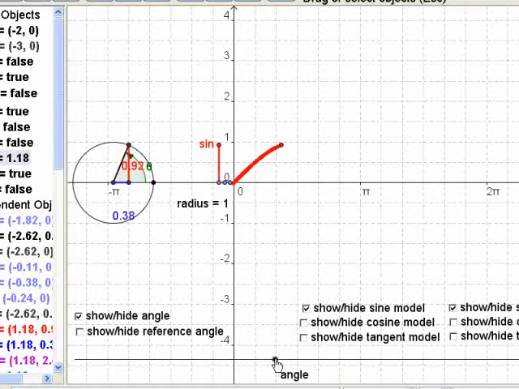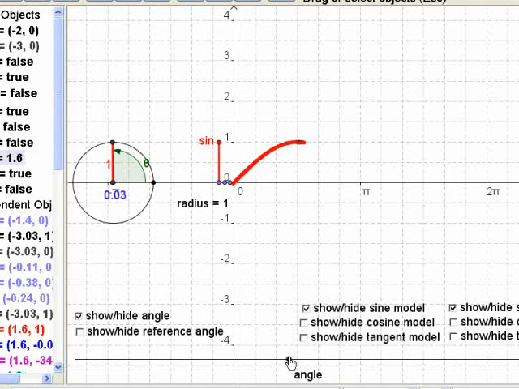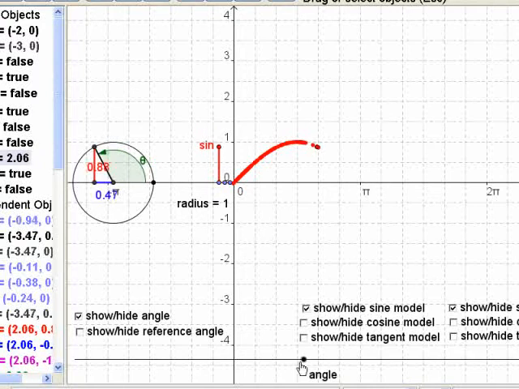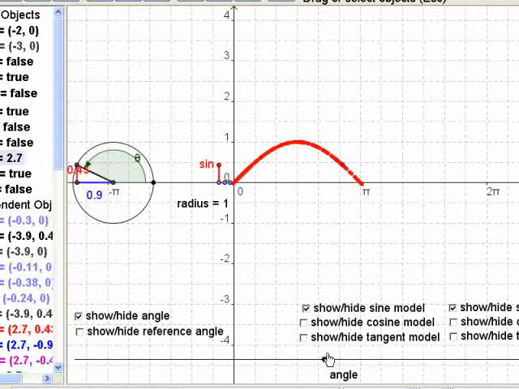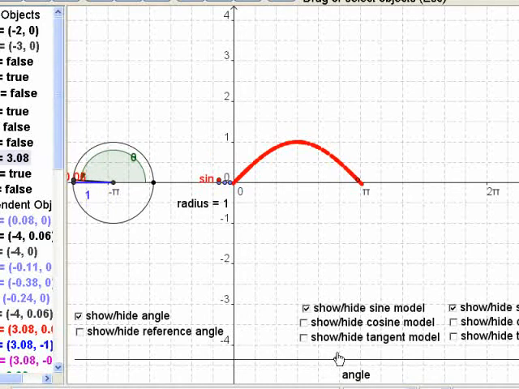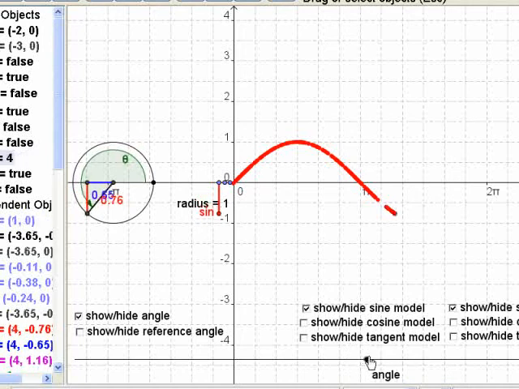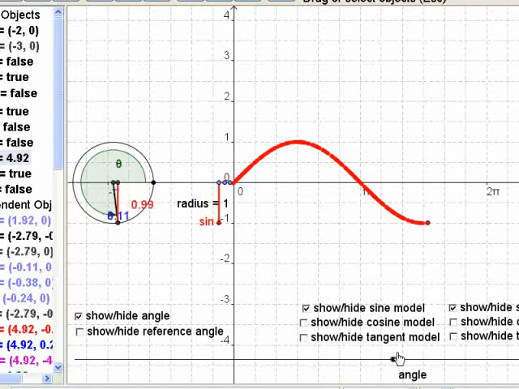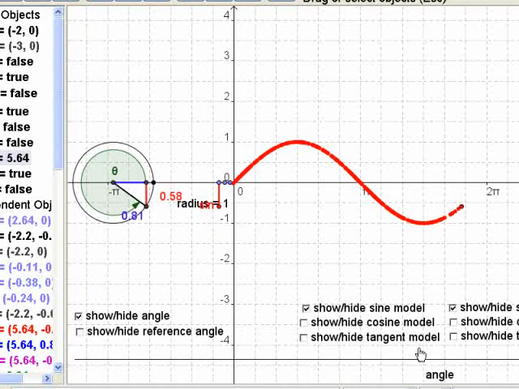So as this goes around, the sine ratio goes up to exactly 1, and then what starts to happen to it? It comes back down again here, right? So that comes back down to 0 at pi, halfway around, and then it becomes negative, goes down, and then it's going to come back up to 0 again.